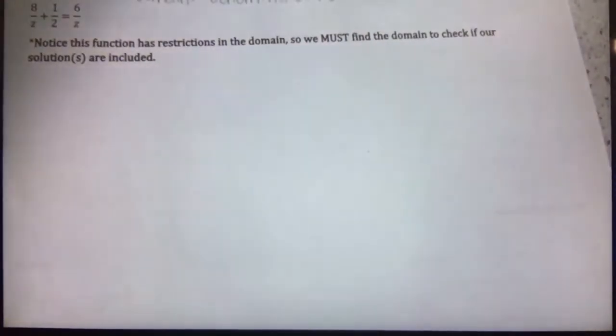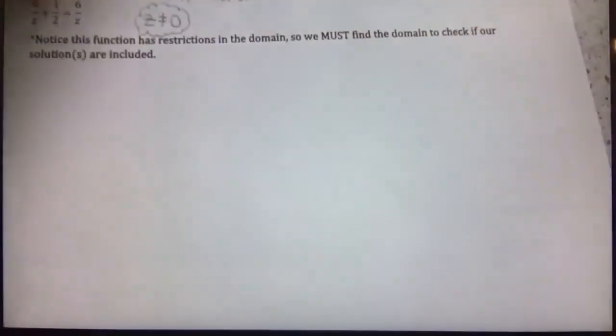They're fractions, so our denominator cannot equal 0. If you miss this step, you will get points off. Promise. Because you're not doing the whole problem. So our first denominator is z, so z cannot equal 0.